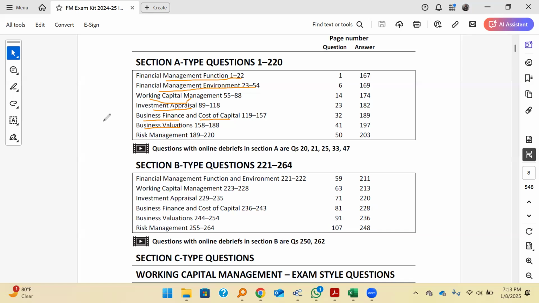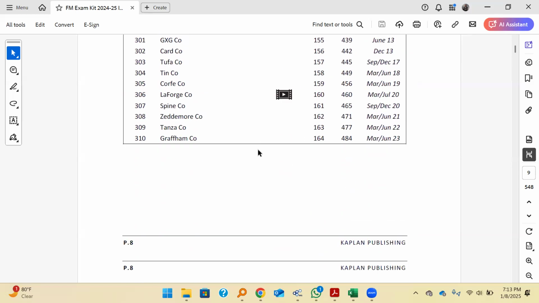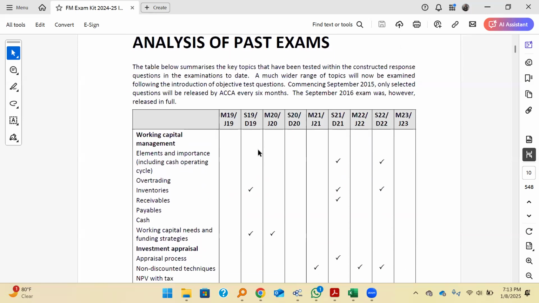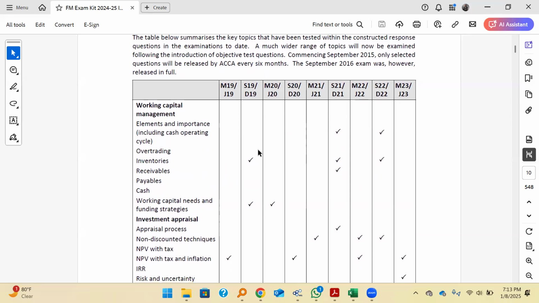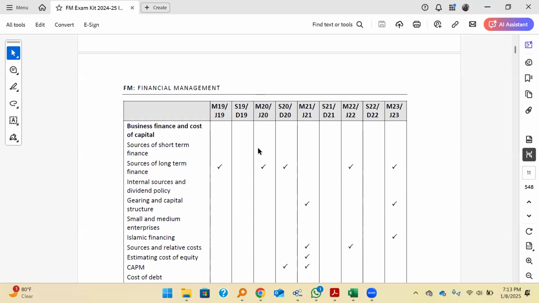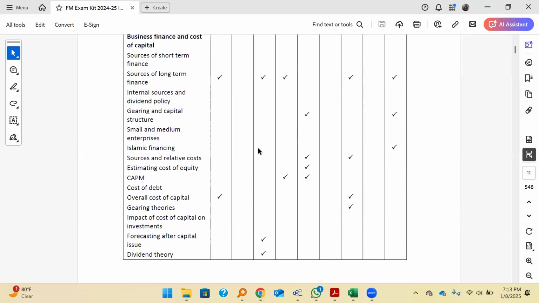So let us now go and start with the section A questions. But before going there, when you look at this kit, you have an analysis of how the questions are being set, arranged based on the ACCA syllabus. So you can understand how examinable each of the sections is.